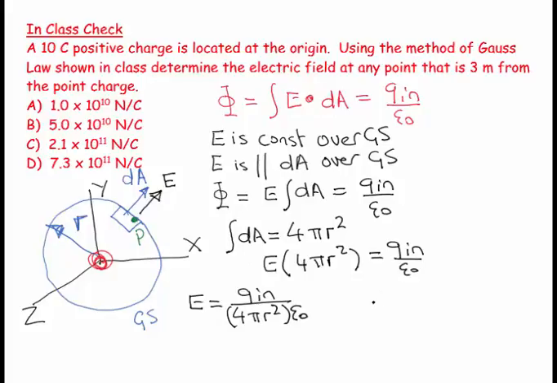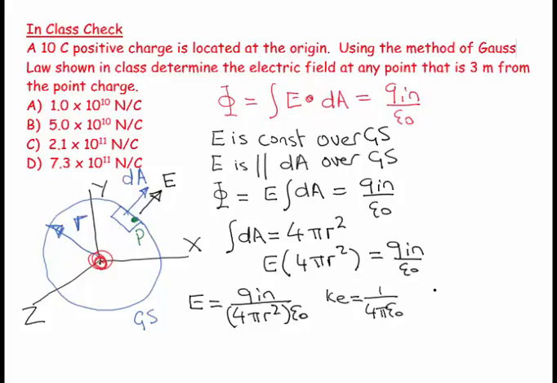There's a little nicety, which is that I remember that Ke is equal to 1 over 4 pi epsilon naught. This does not change the answer, it just changes the form of the answer. This is like a nicety.